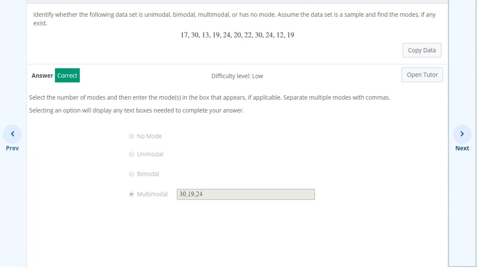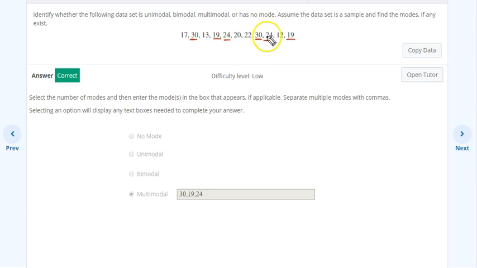So again, another somewhat easy. We want to find the mode. So as we look, we only have 1 of 17, 30s, we have 1 there, 1 there. 13, there's only 1. 19, 1 there, and 1 there. 24, there's 24 and 24.